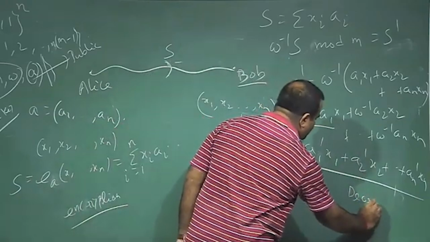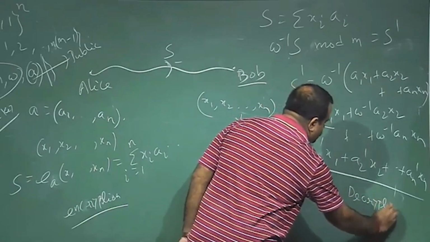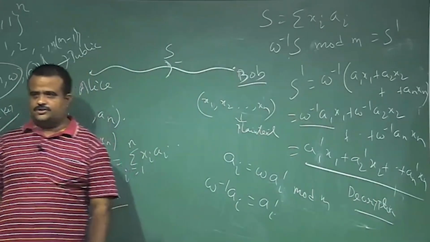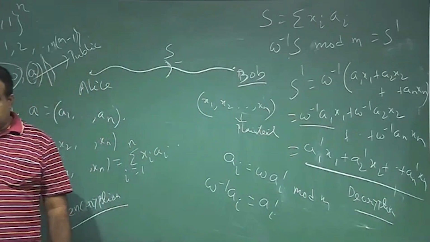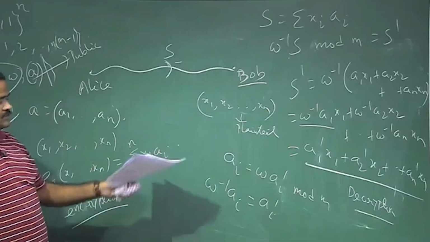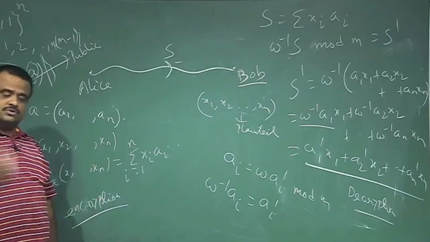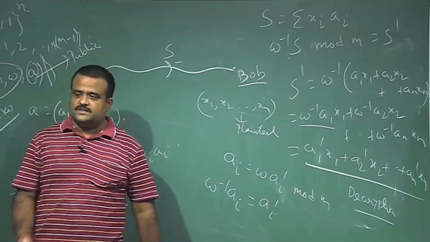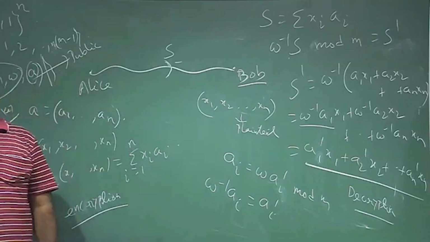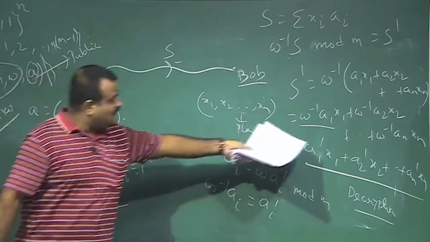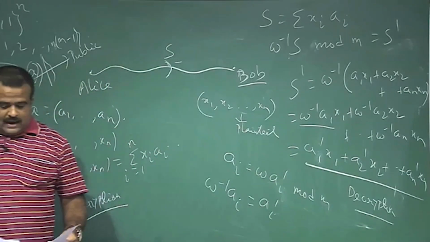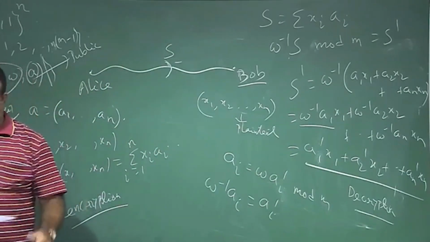This is the knapsack cryptosystem where Bob is choosing an originally super increasing sequence, but Bob is destroying the super increasing property, and again at the decryption phase Bob is getting back that property and doing this.